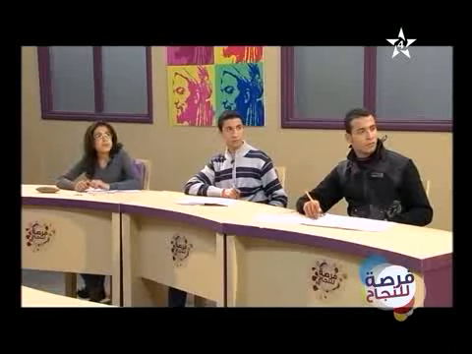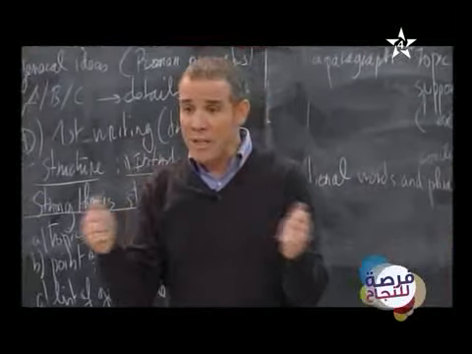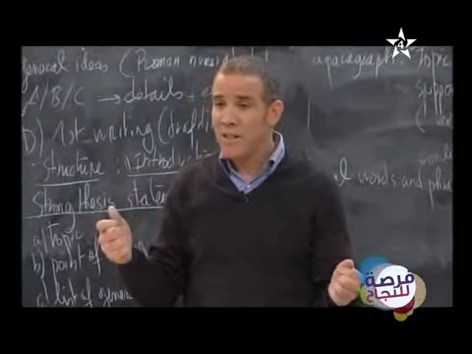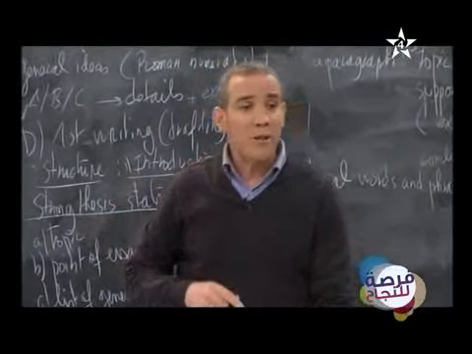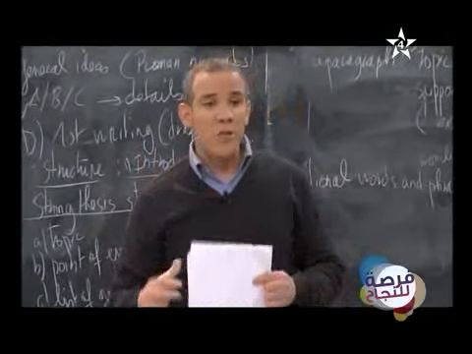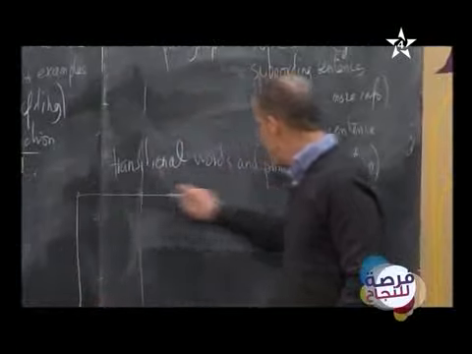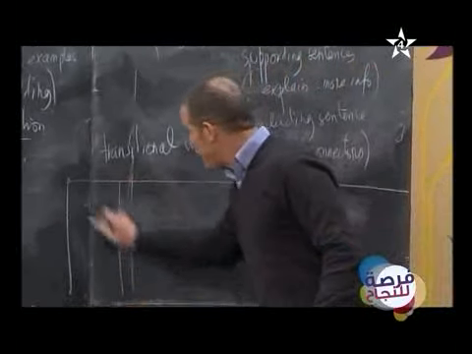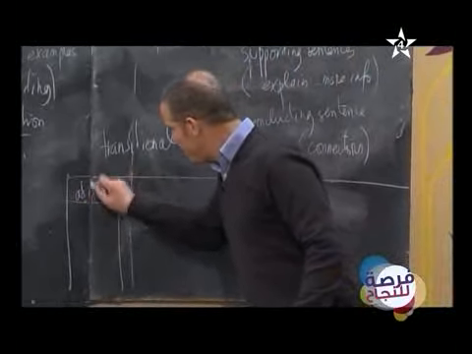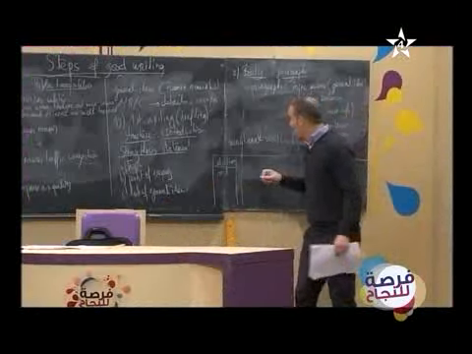Transitional words which express addition. Like what? In addition to. Yes, I am going to use addition, and the simple word I can use is "and". What else? Moreover, that's good.